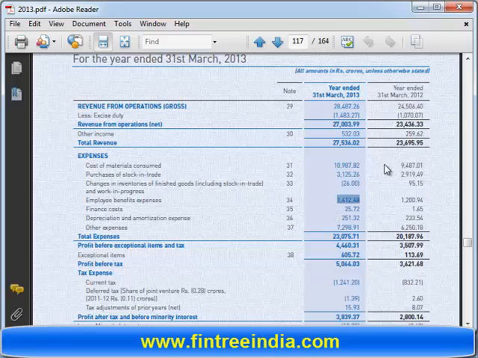Can you calculate what percentage of their revenue is employee cost? So write down also in your books: employee cost as a percentage to revenue. 1412 divided by, take the gross revenue, 28487.26.